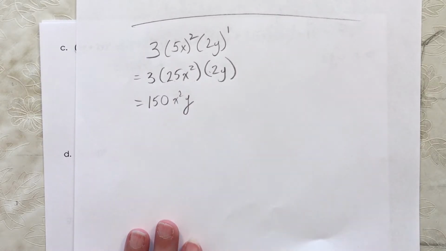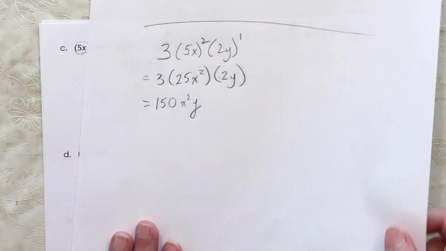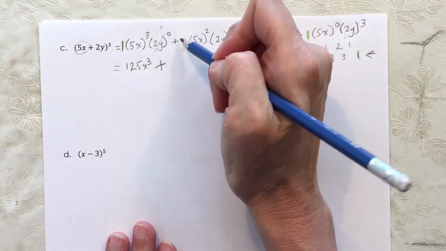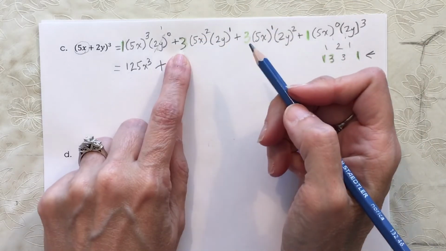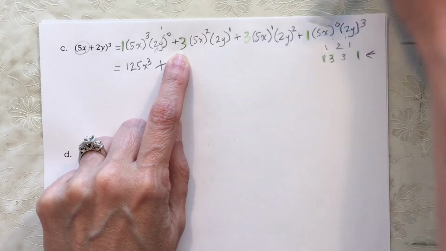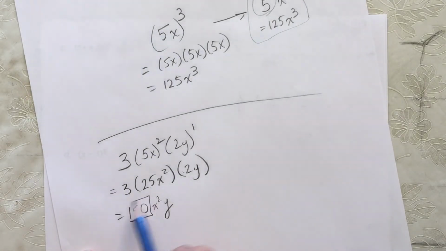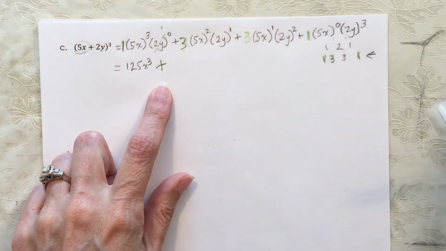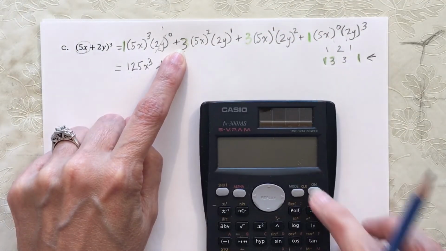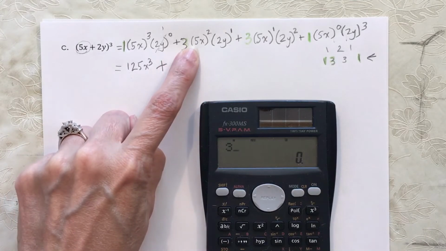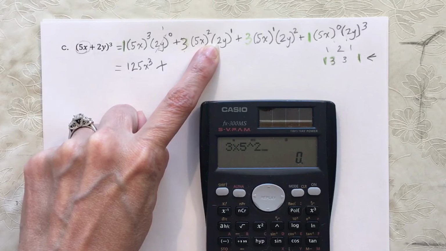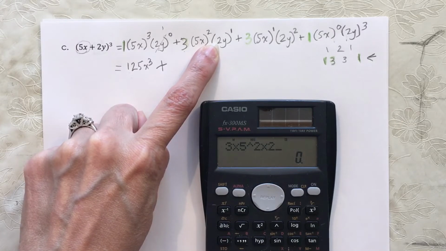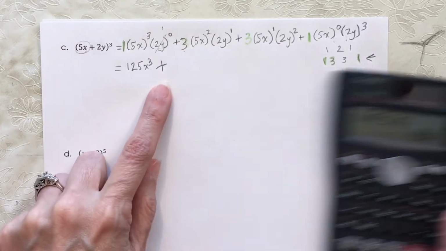And we can do that work on the side. But if you want to use your calculator, you're going to realize that number out front, that 150, is made by, on my calculator, doing 3 multiplied by 5 to the power of 2 multiplied by 2 to the power of 1, which is just 2, and that gives me my 150.